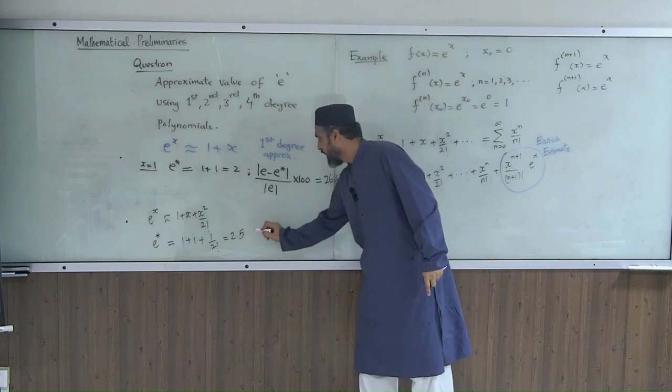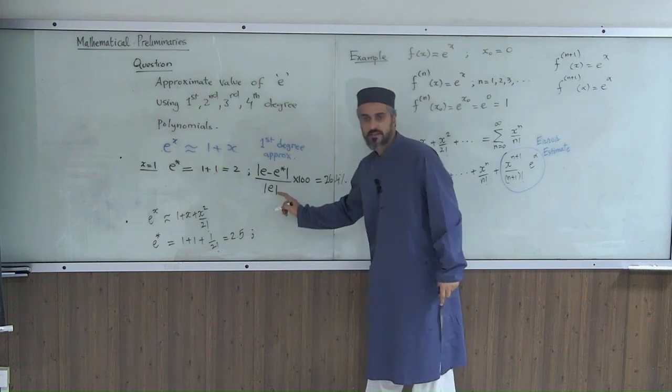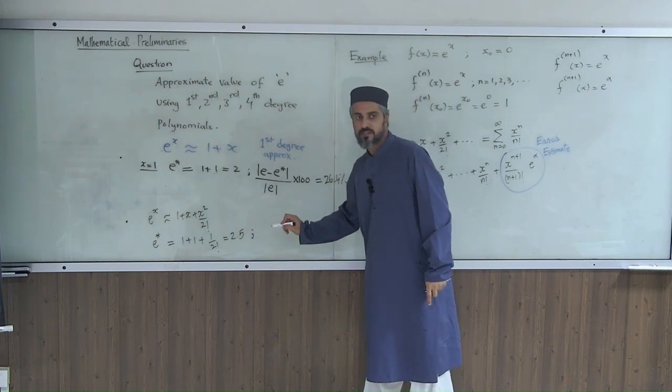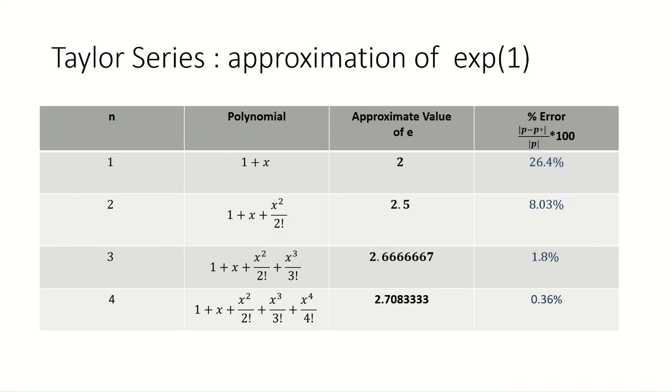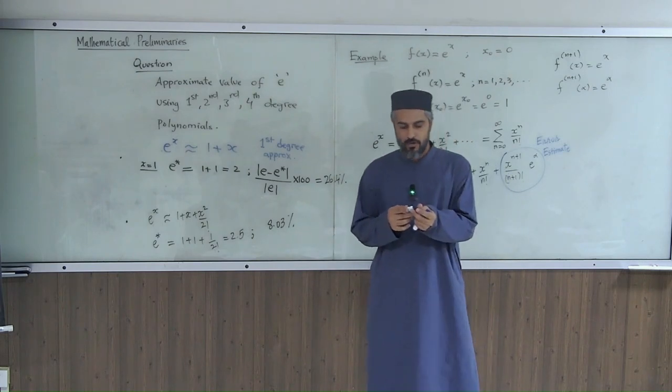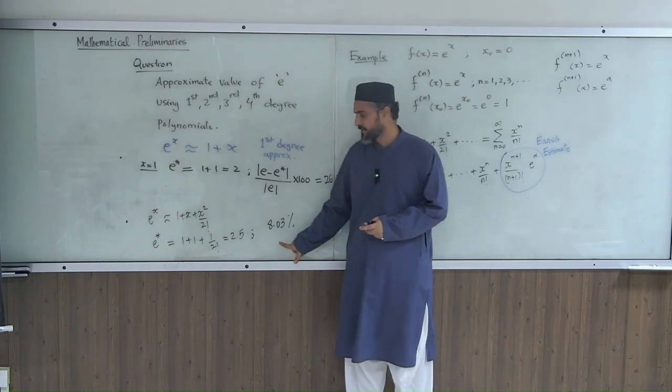If I calculate the same relative error, you will see we get a deviation of approximately 8%. We just need to subtract in this way, and you'll get the percentage error.